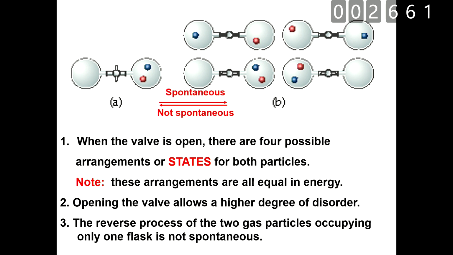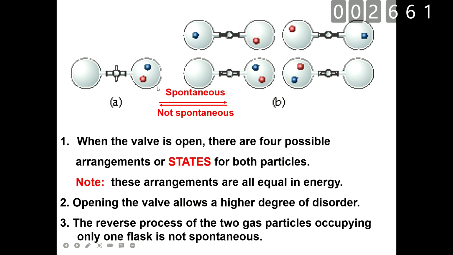Okay, now we'll introduce something. Here we can say from this state to this state is spontaneous, right? But from this state to this state is not spontaneous. Why? Your turn.